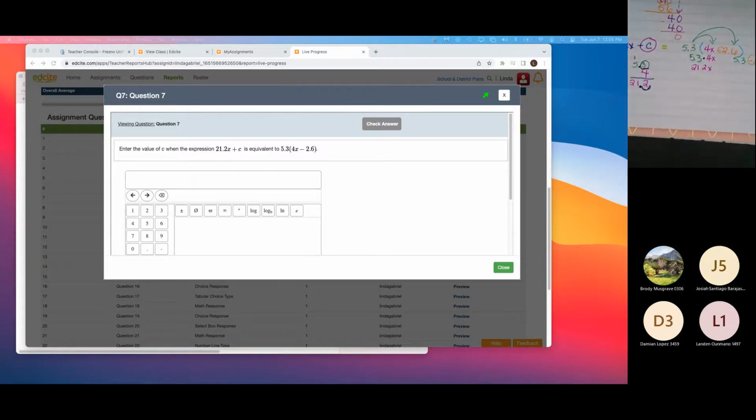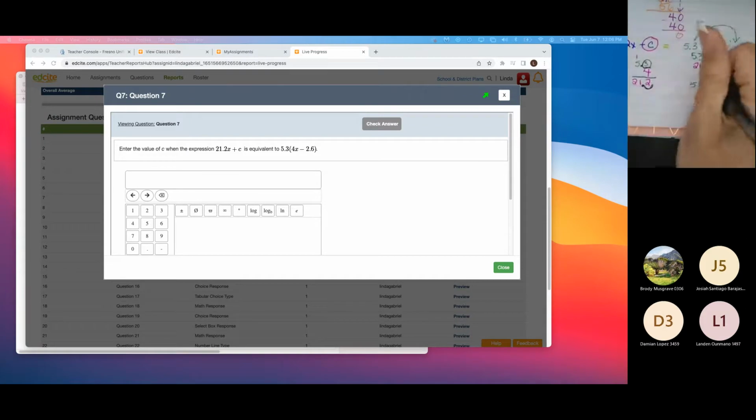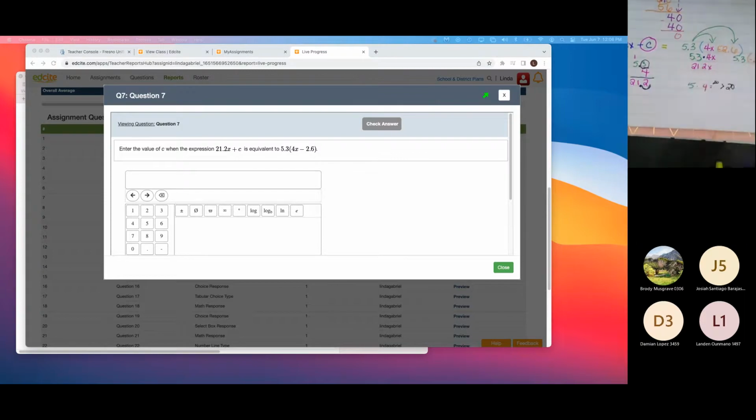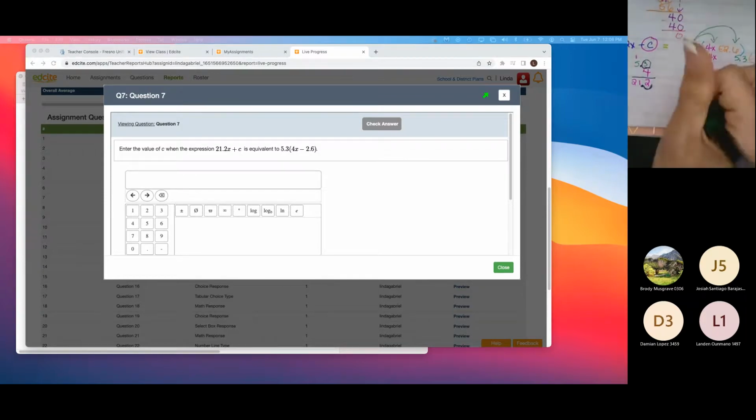Now, if I think about it rationally, 5 times 4 right here, because I have these two whole numbers, 5 times 4 is 20. So I know that my value when I multiply these numbers needs to be greater than 20, because 5.3 is greater than just 5.